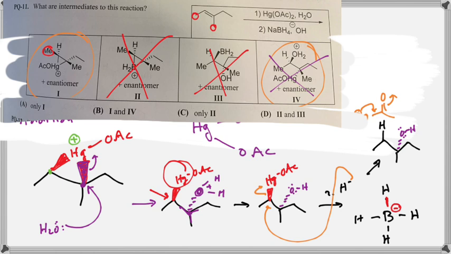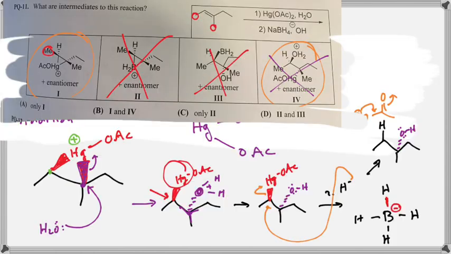I think that is technically there to clear the mercury and the boron, because they form some weird complex, so the hydroxide is there to neutralize and minimize that as an effect. Other questions? Okay.